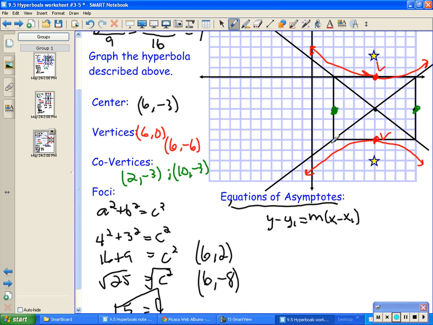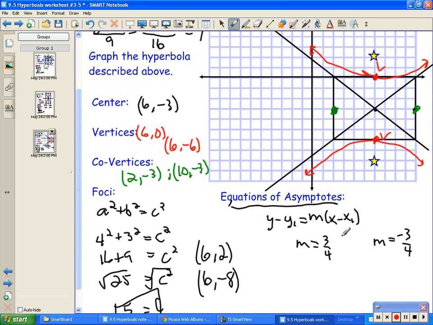So, we'll start with a positive sloped line. This line has a slope of, let's see, the rise is 3, the run is 4. So m is going to equal 3/4 on the first one, and m is going to equal negative 3/4 on the second one, the negative slope line.